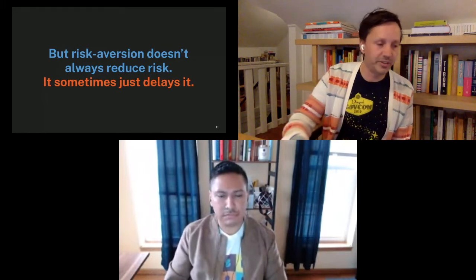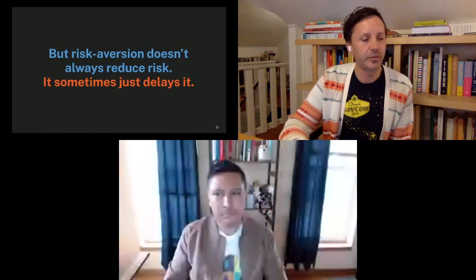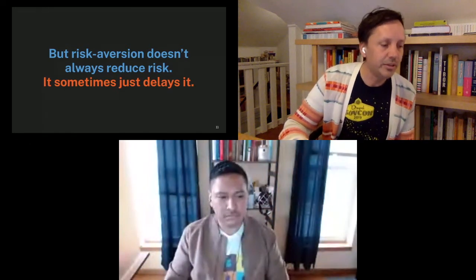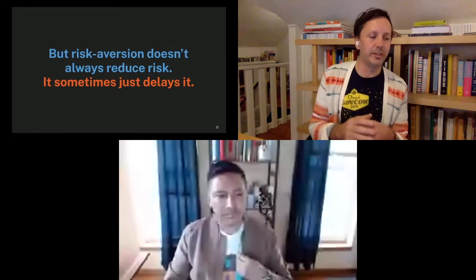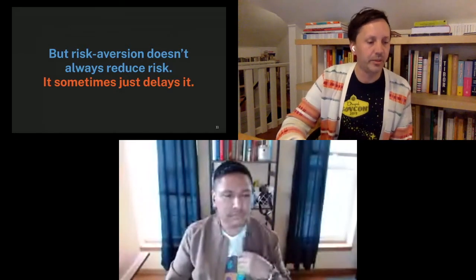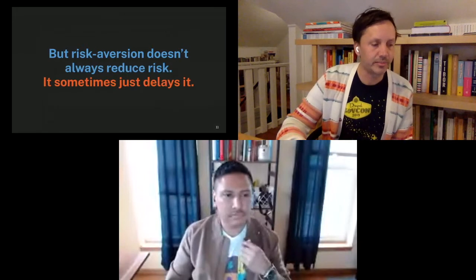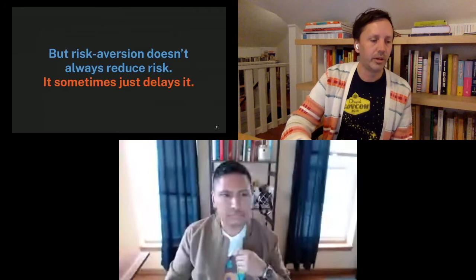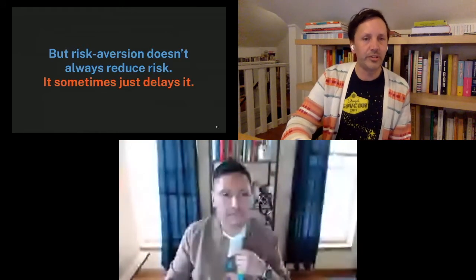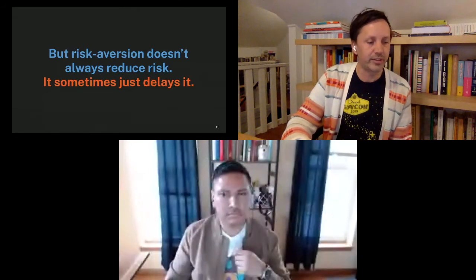So, paradoxically, this highly risk-averse model gradually increases the necessity of change over time. And this buildup of pressure can result in large, disruptive, and risky big bang changes instead of ongoing incremental improvements. Put simply, risk aversion doesn't always reduce risk, it sometimes just delays it.